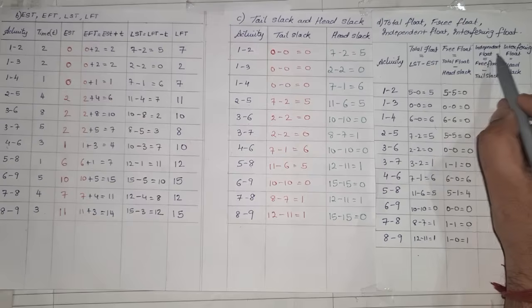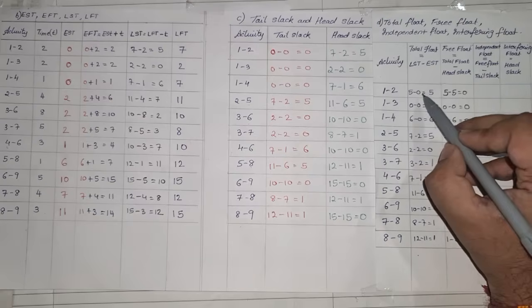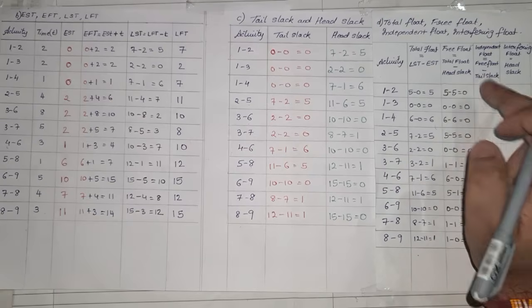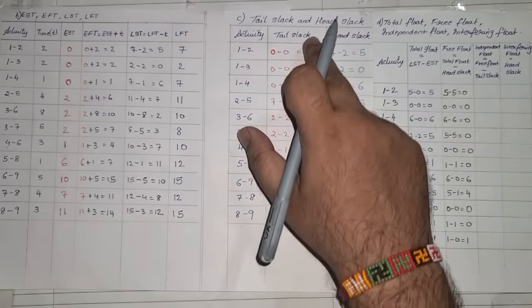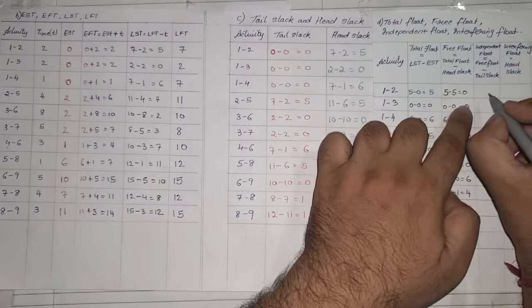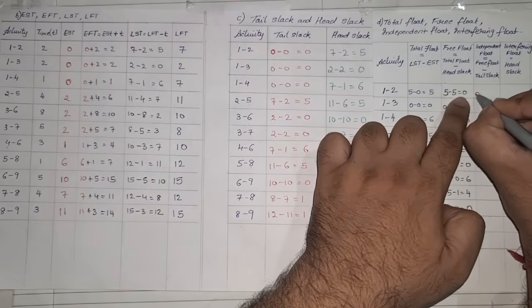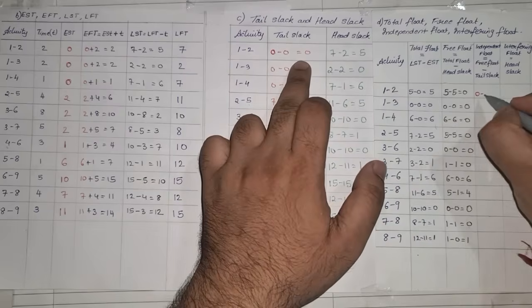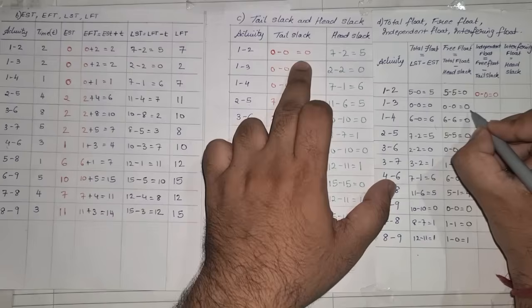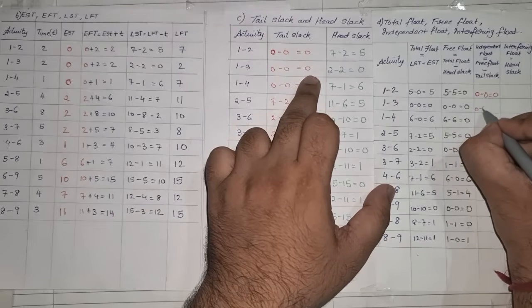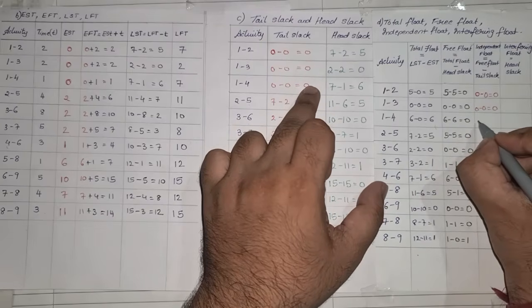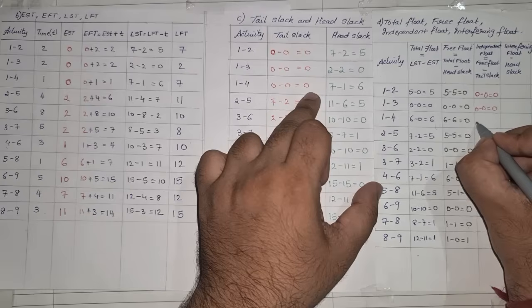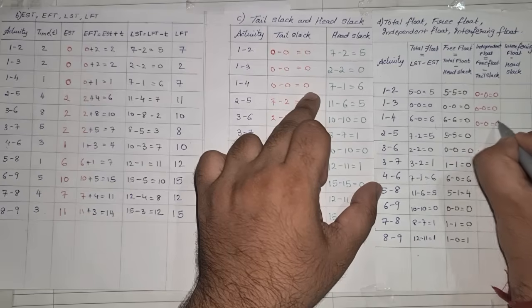Next is independent float, which is the free float we just found, minus the tail slack. So free float, which was 0, minus the tail slack, which is 0. So 0 minus 0 is 0. Next 0 minus 0, again 0. Next 0 minus 0, which is 0.